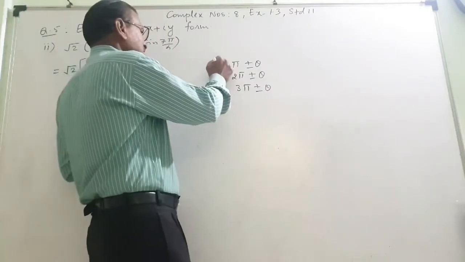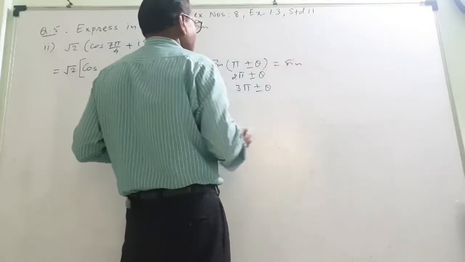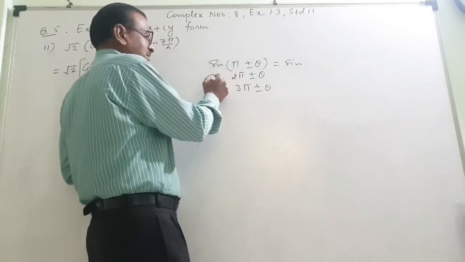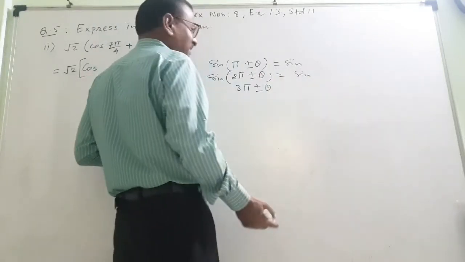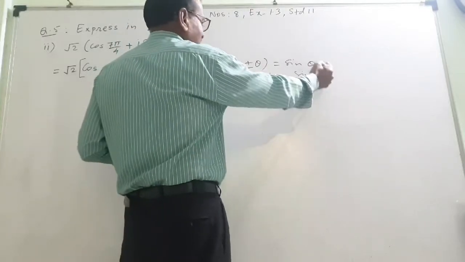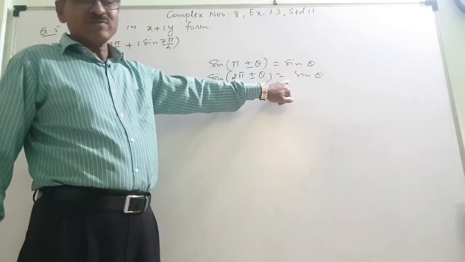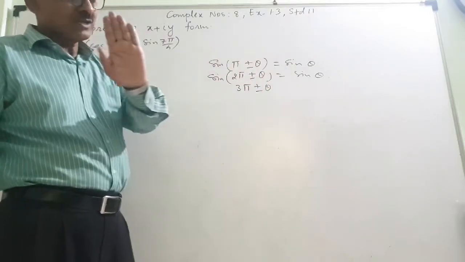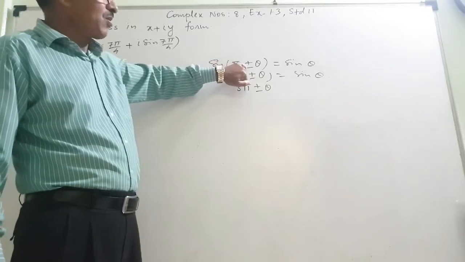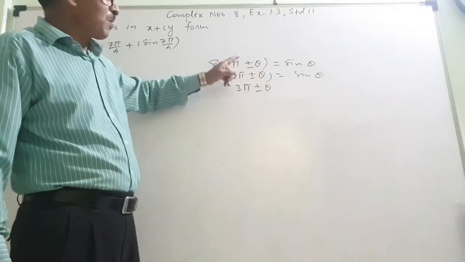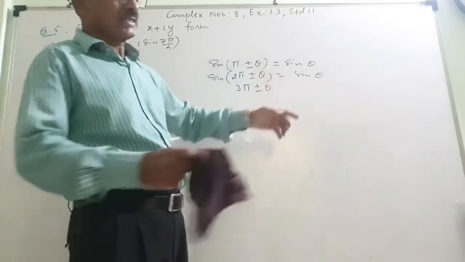Suppose it is sine, this will remain sine. Whether this will be positive or negative depends upon the quadrant. But what you have to remember is, if I add or subtract something from pi or multiples of pi, then the ratio remains the same.